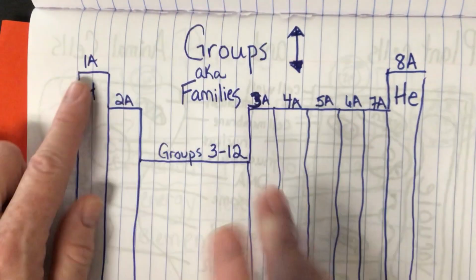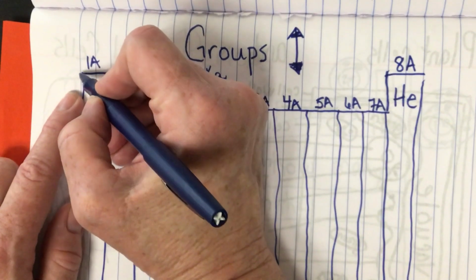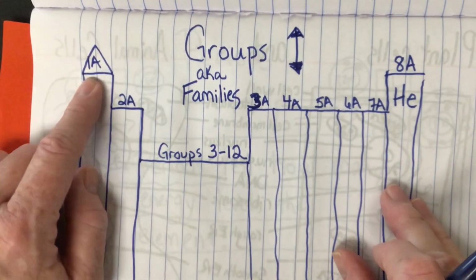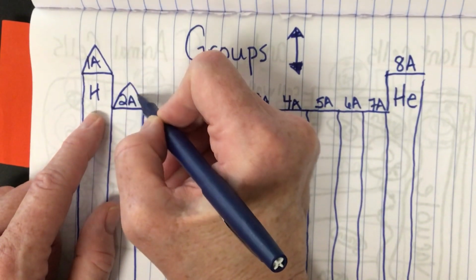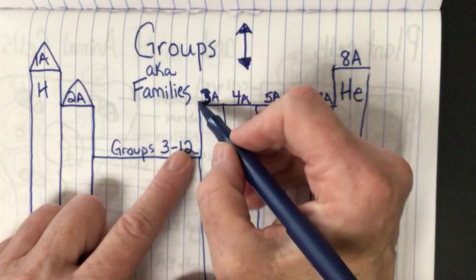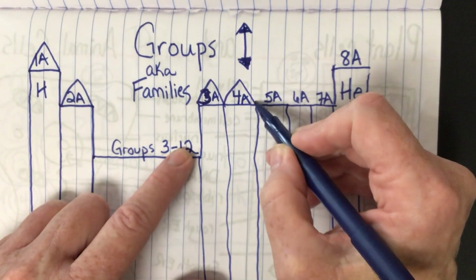So over each of these groups, let's put a rooftop. That could indicate a tent, an apartment, a rent house, a mansion. So let's put a roof over these two, and then over here.